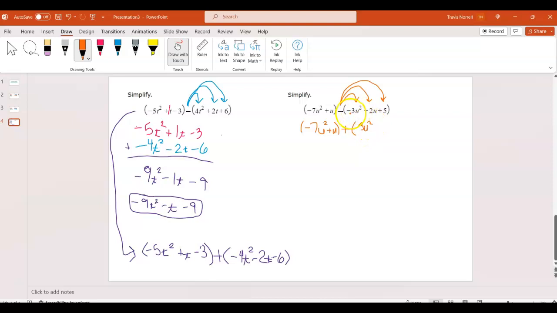And that makes sense because we're saying the opposite of negative 3u squared is positive 3u squared. A negative times a negative 2u is a positive 2u. The opposite of negative 2u is positive 2u, and a negative times a positive 5 would be a negative 5. And again, that makes sense because the opposite of positive 5 is negative 5. So basically, you're changing these signs.